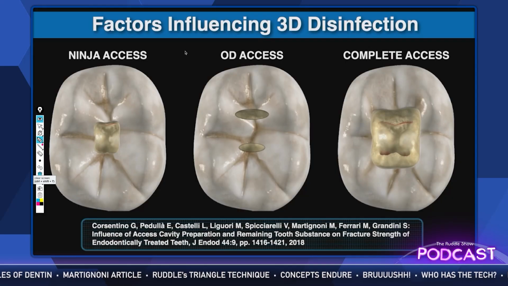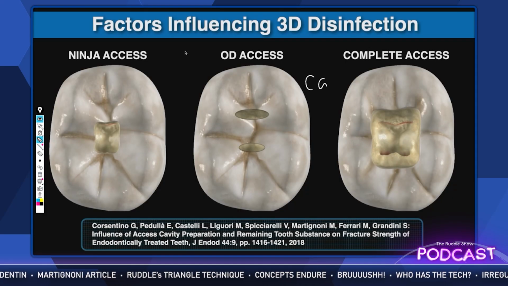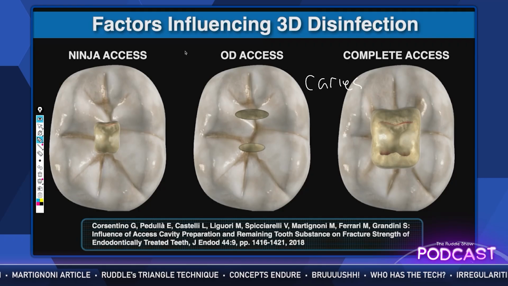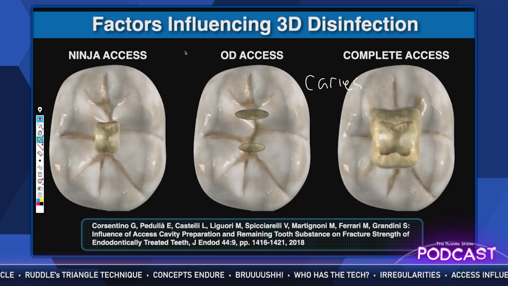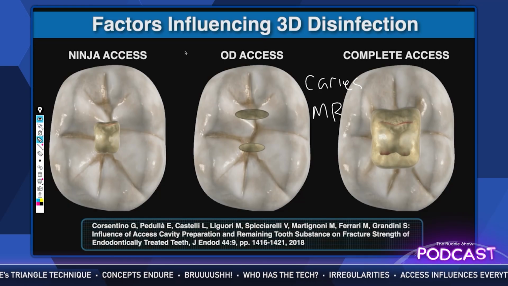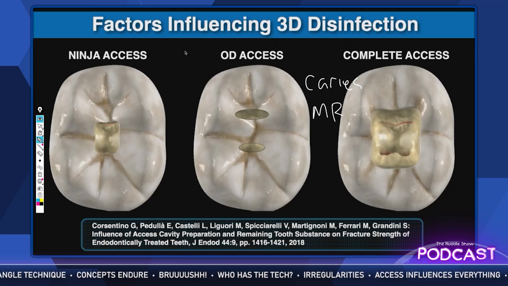This paper emphasized you can use caries to influence your access. We've talked about that, you and I have. They also talk a lot about missing marginal ridges. So you could have a mesial marginal ridge or you could have a distal marginal ridge.